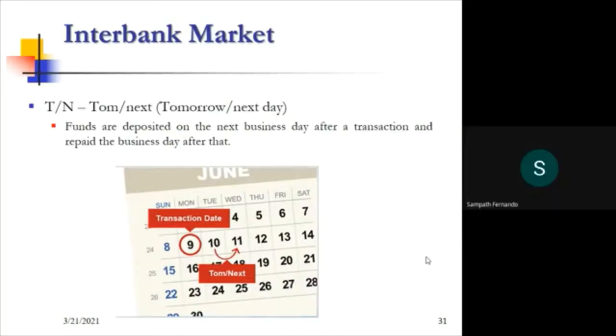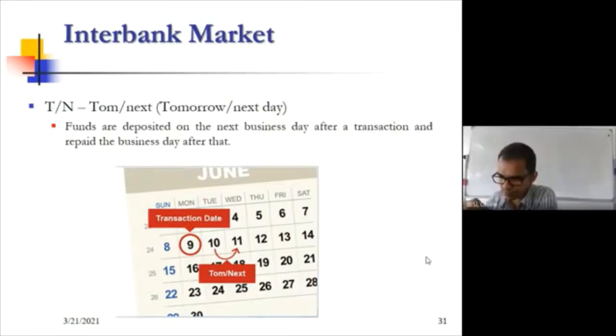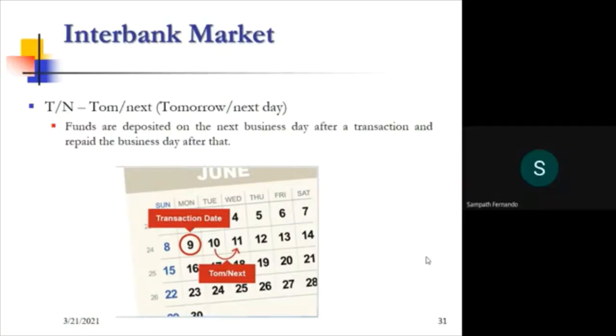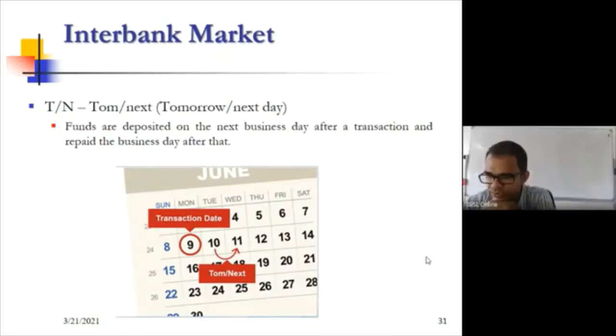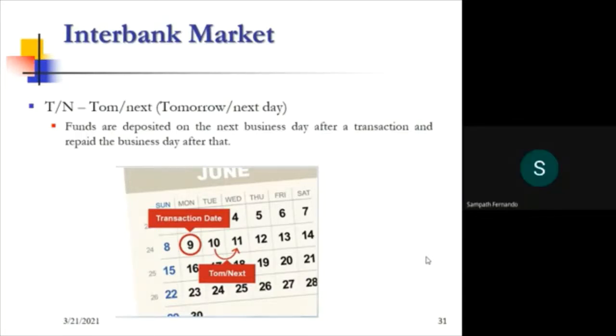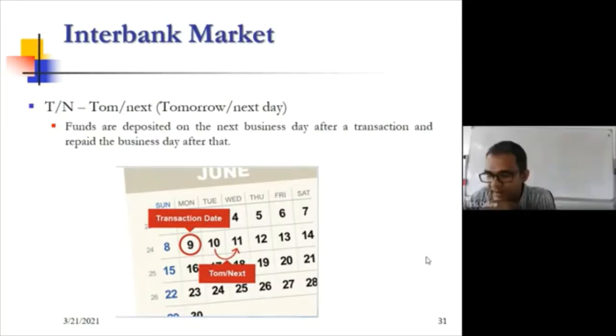If the borrower finds the lender and can borrow at a lesser rate, at the time of entering into the transaction you think it's a good rate.